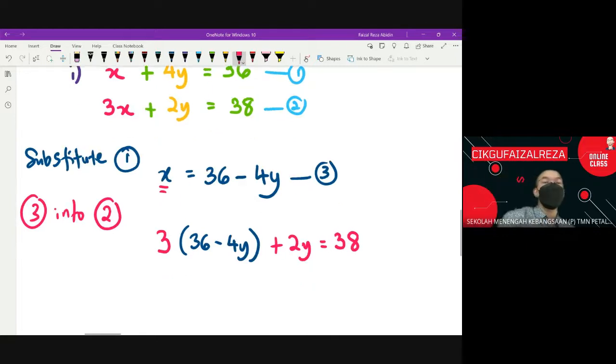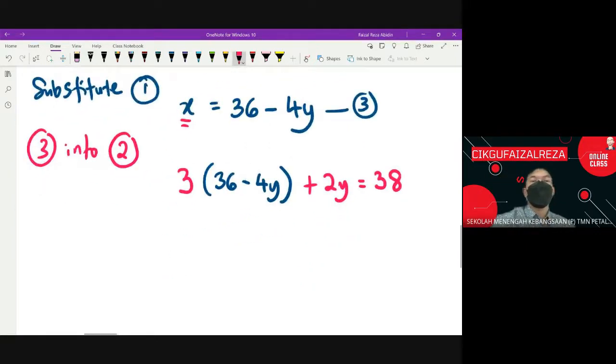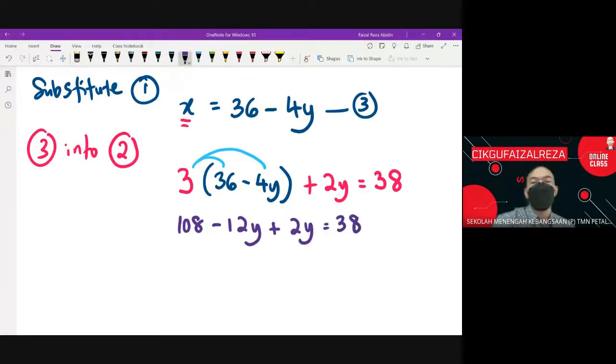So now I'm going to expand this one. 36 times 3 is 108. So 108 minus 12y. If you look over here, we have the same term for y here.